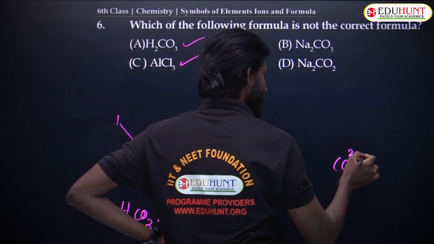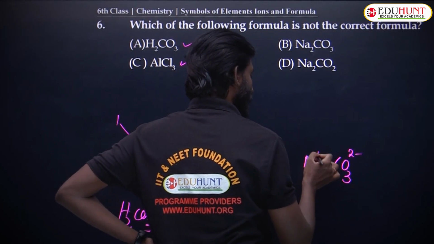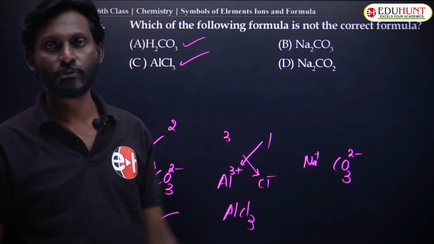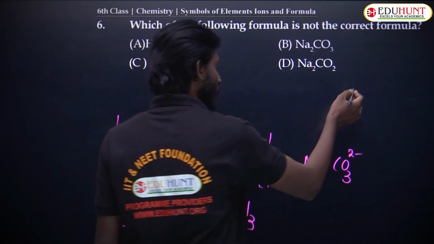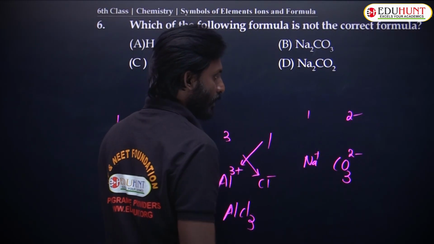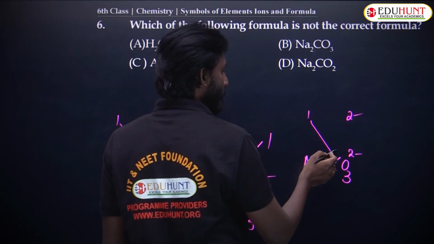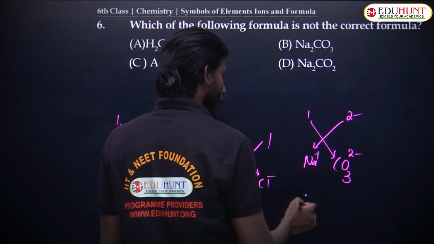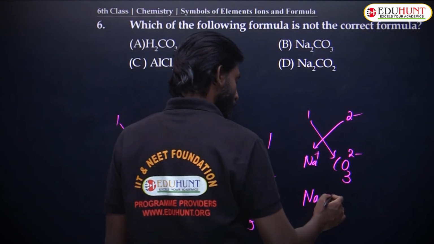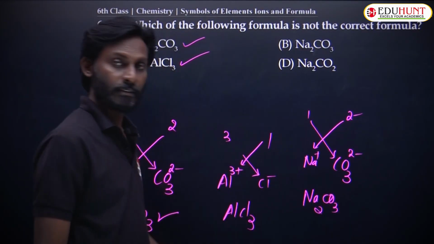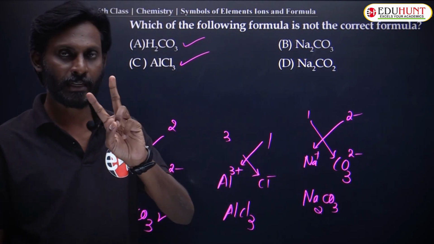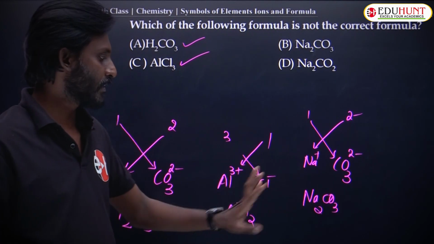Sodium carbonate. CO3 2 negative, Na plus. First you have to be familiar with the ions like this. Carbonate, CO3 2 negative. Sodium, Na plus. How many units of charge? 2 units of charge. How many units of charge? 1 unit charge. You need to take 1 carbonate and 2 sodium. How to express 2 sodium? As a subscript you have to write 2. CO3 2 negative is 1 only. See, that is a polyatomic, but only 1 is present, so no need for subscript.